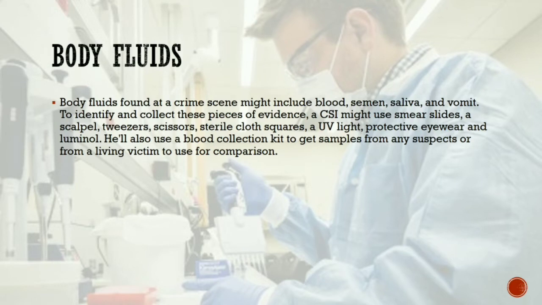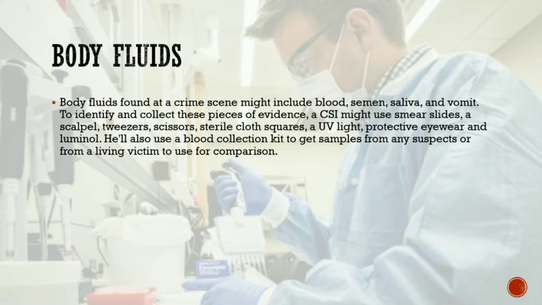In the case of body fluid, it might include blood, semen, saliva, or vomit. If the victim is dead and there is blood on the body, the CSI collects a blood sample either by submitting a piece of clothing or by using a sterile cloth pair and a small amount of distilled water to remove some blood from the body.